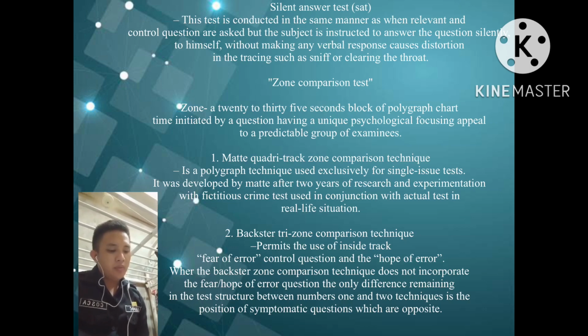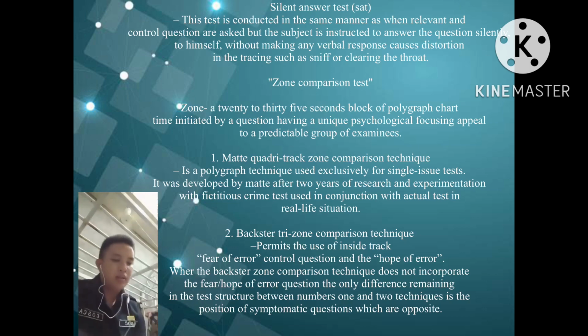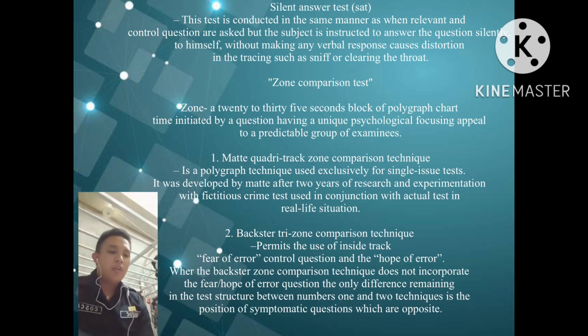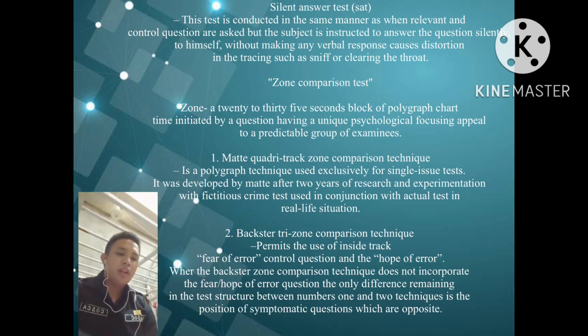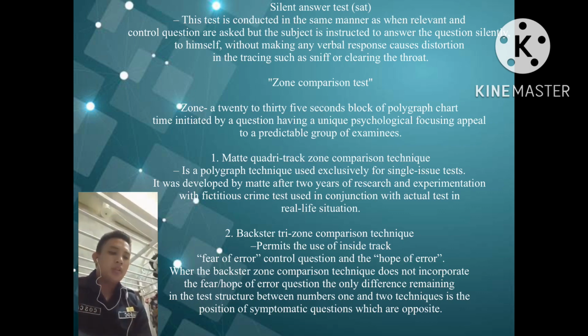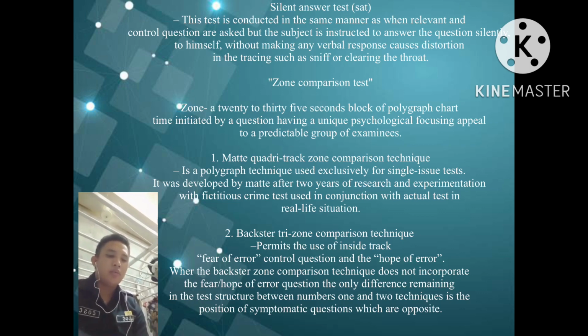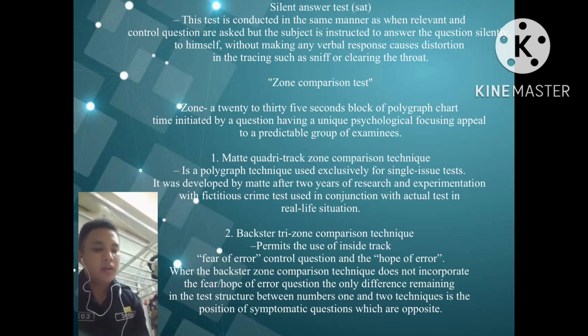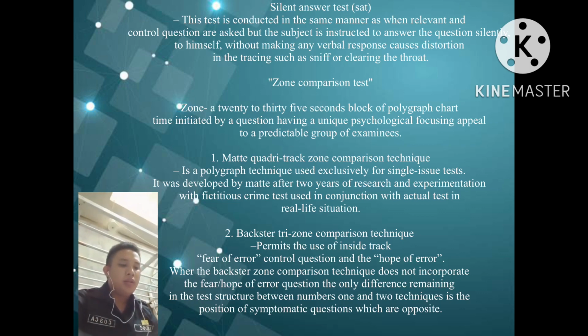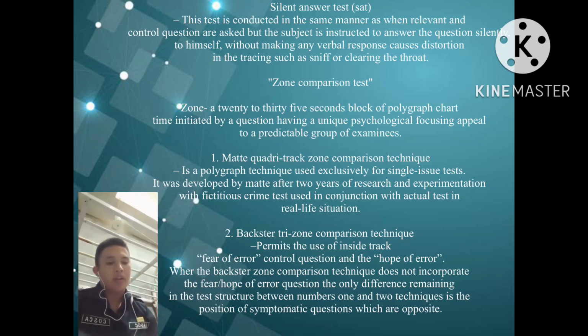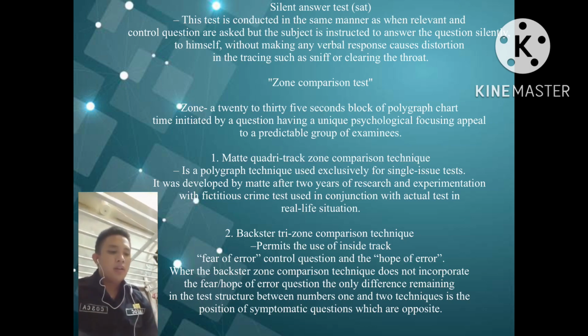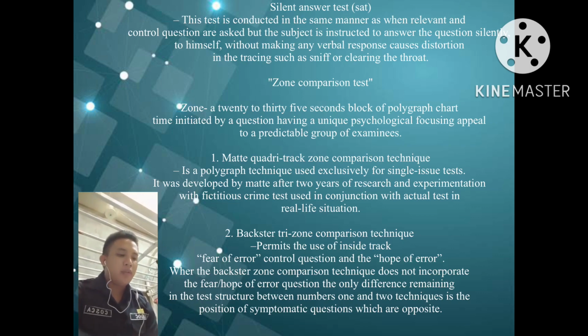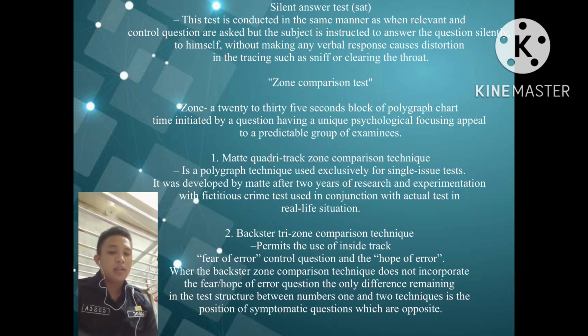The only difference remaining in the test structure between techniques 1 and 2 is the possession of symptomatic questions, which are opposite. The color coding according to Backster is the green zone for the control questions, the red zone for the relevant questions, and the black zone for the symptomatic questions.